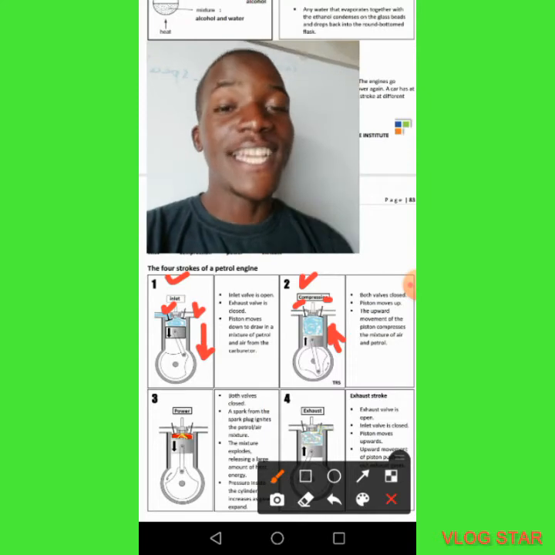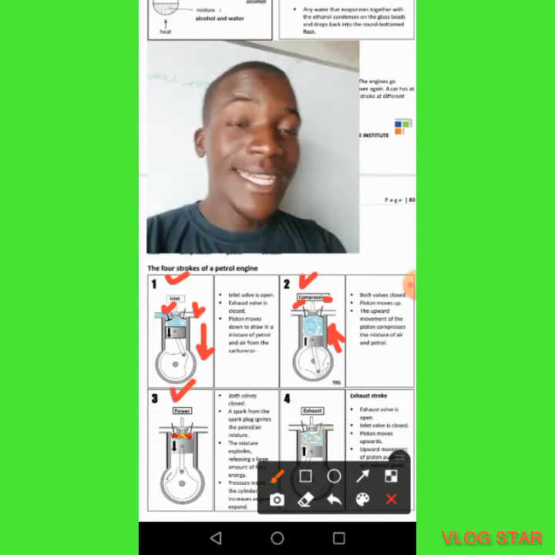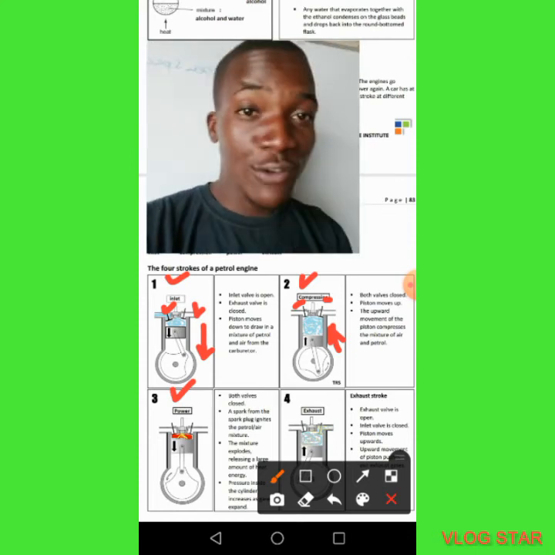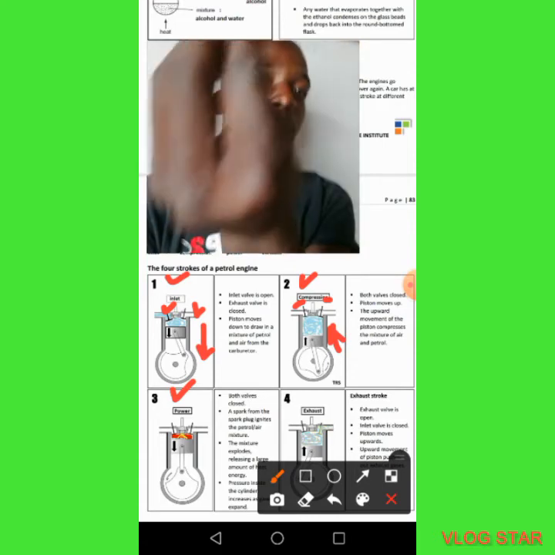After that, we come to stroke number 3. All valves are closed, but at first the piston is moving up.